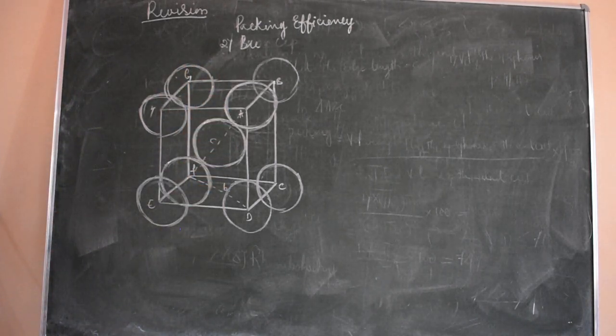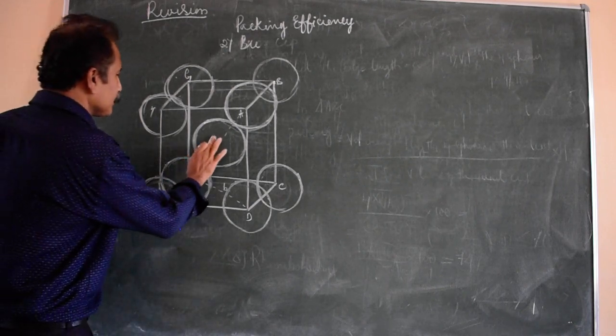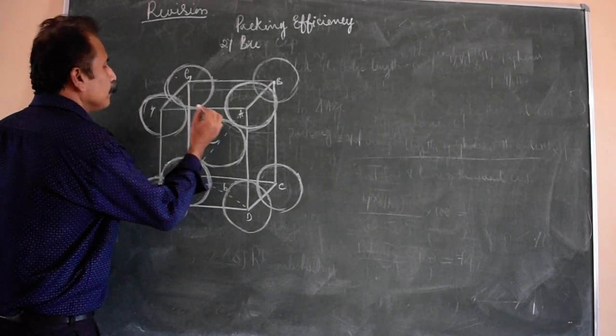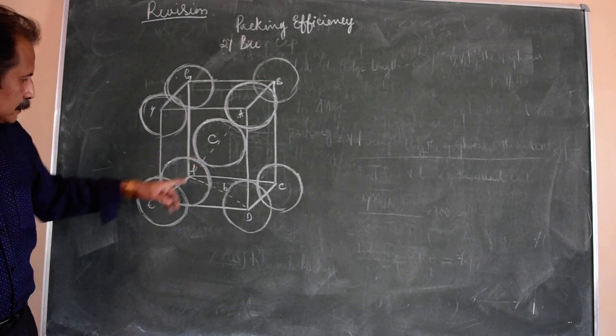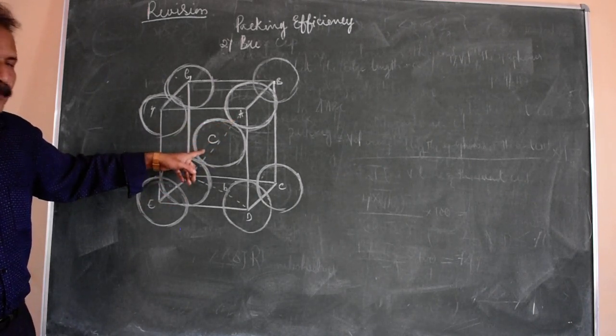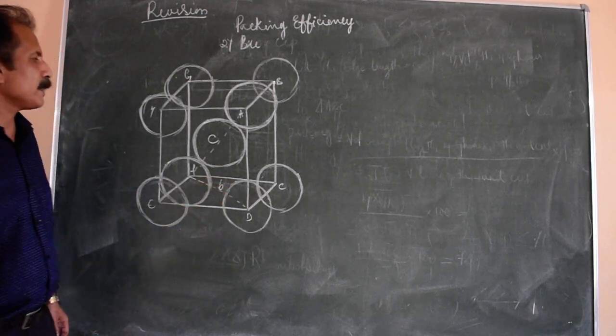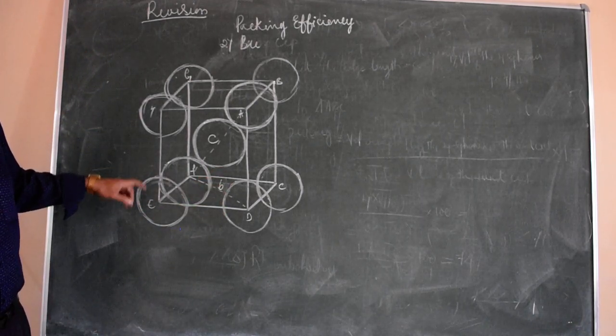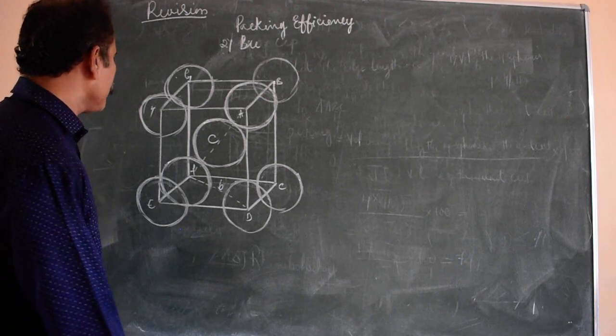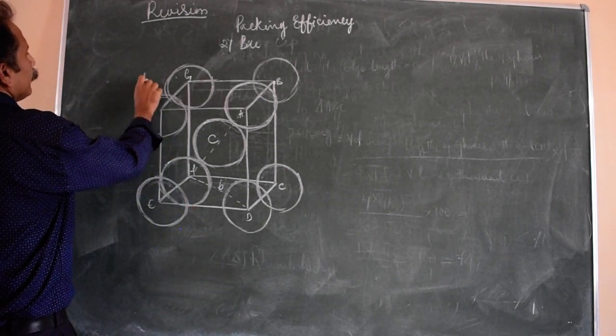So this becomes your diagonal. So this is the body diagonal. C is the body diagonal, whereas B is the face diagonal. So this diagram is very important because diagrams always carry one mark.